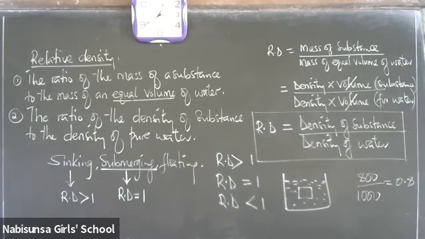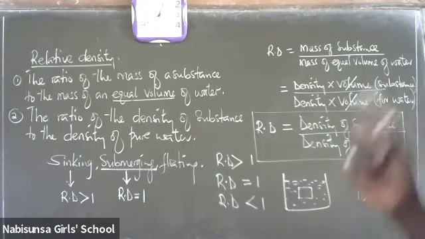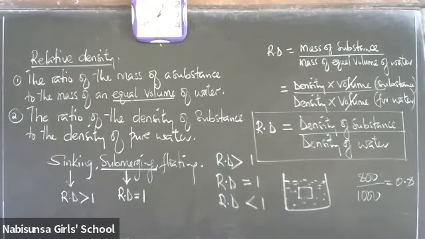Whether you are talking about the relative density of solids, of gases, or of liquids, they will be in comparison with water, specifically water. So the denominator must always be the density of water, or the mass of an equal volume of water, not any other thing. The numerator can change, but the denominator remains water.